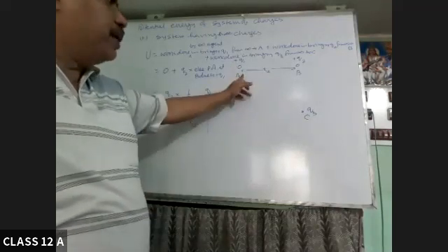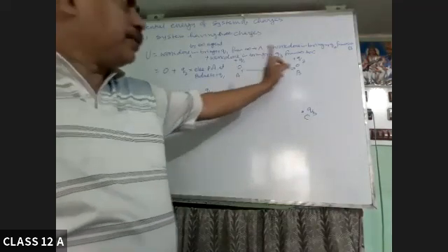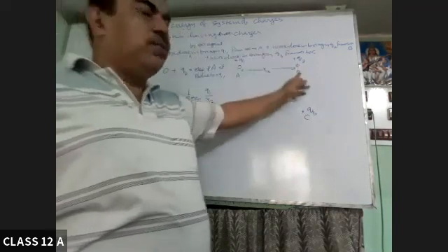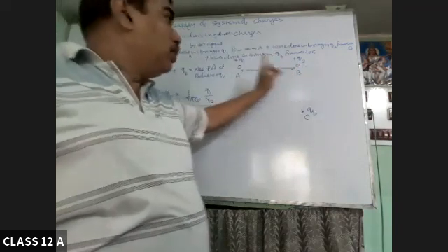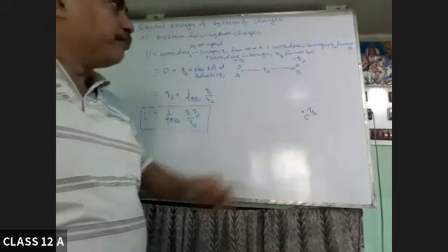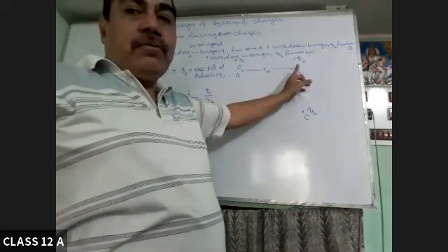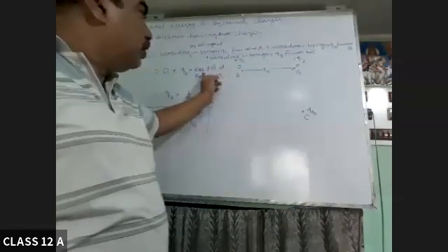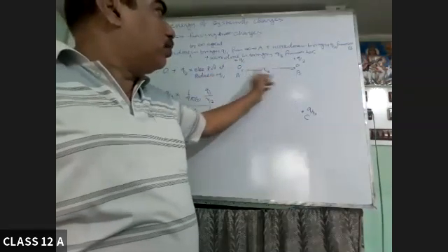So work done in bringing the first charge will be 0. Work done in bringing this Q2: when we have brought Q2, Q1 is already present here. So it will be Q2 into electric potential at B due to A.